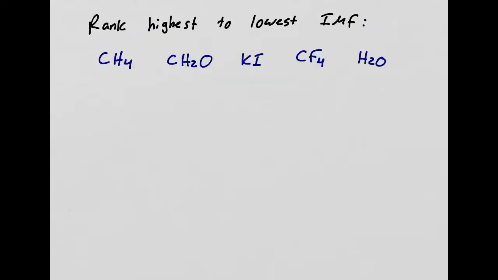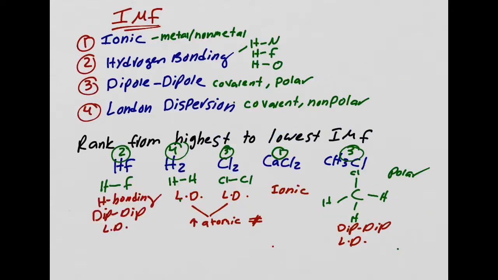Okay, let's do one more practice problem before I'm done with this IMF. Before we do this, let's summarize. IMF is one of those things that when you go to organic chemistry, it's going to keep coming back. I want you to have a really good foundation on this. So intermolecular forces are the things that hold the solid and liquid together. These are my intermolecular forces, strongest to weakest.